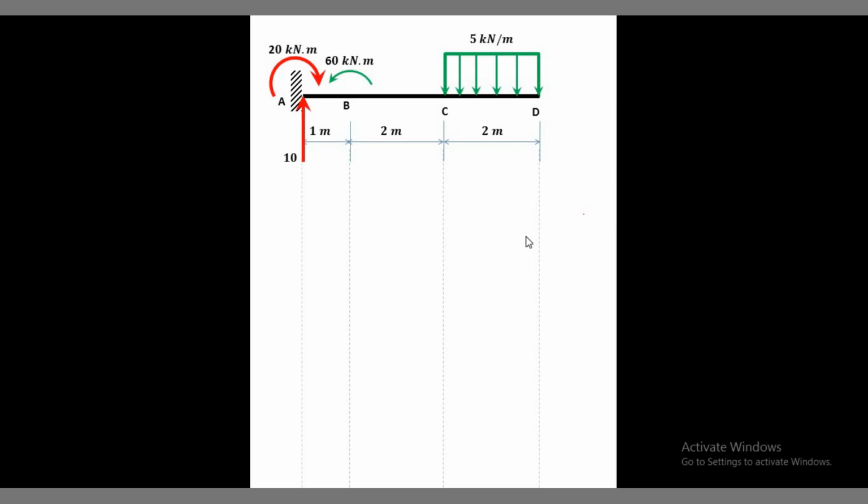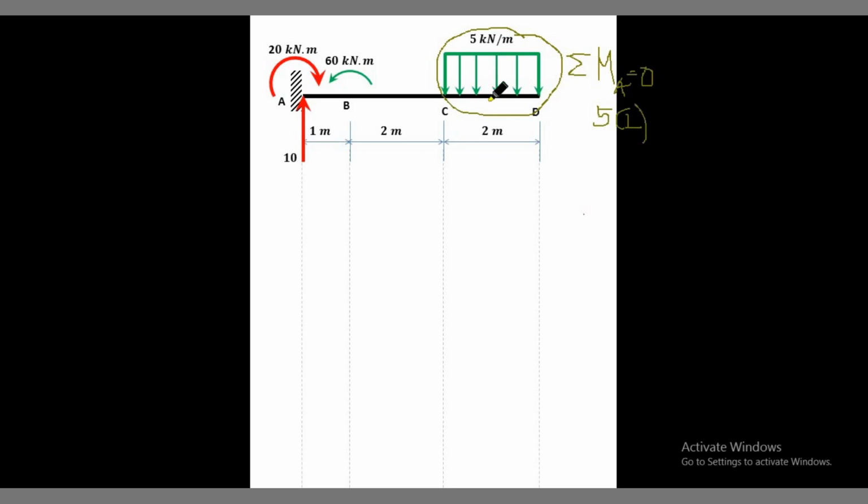Bakit 20? Bakit 10? So, if I'm going to take summation of moments at point A, itong uniformly distributed load na to, the area of that is 5 times 2.